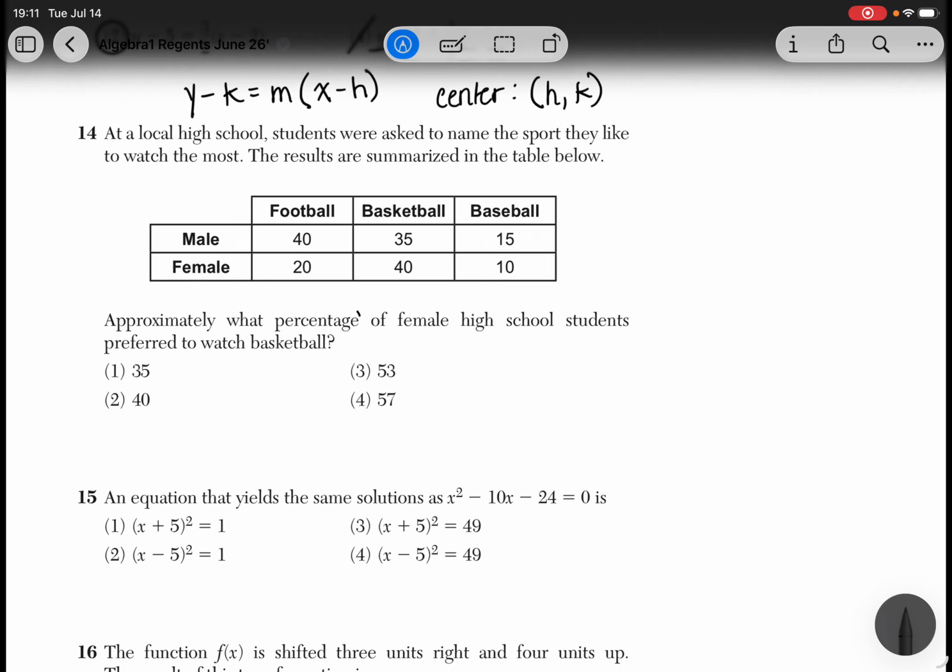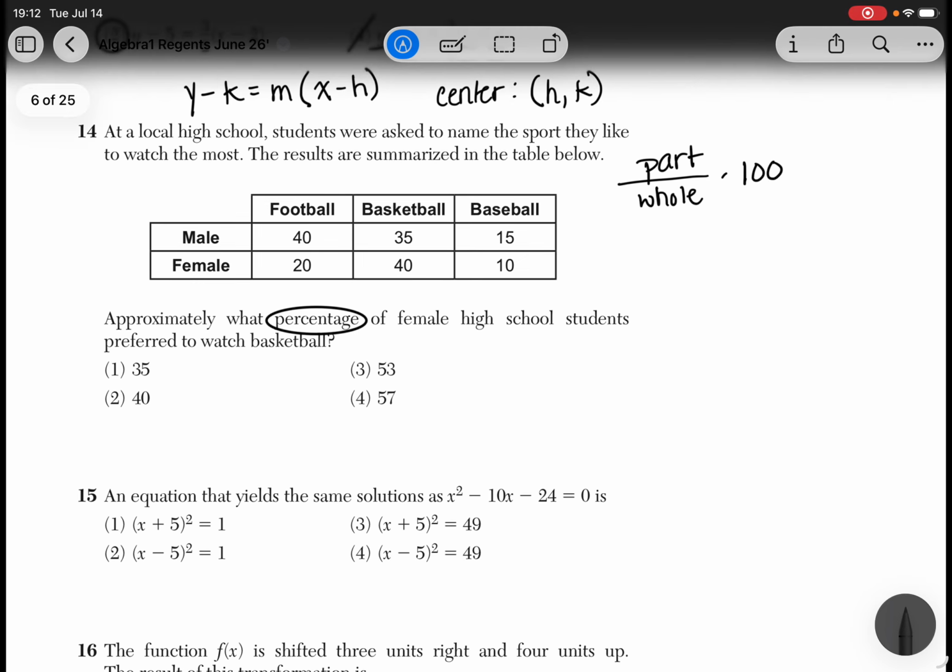We're asking about percentages, which is a key part because we know that we need to have a fraction and multiply that by 100. So it's typically going to be your part over your whole, which you learned in 7th grade, and then we multiply that by 100. And we want to figure out female students, and specifically that watch basketball.